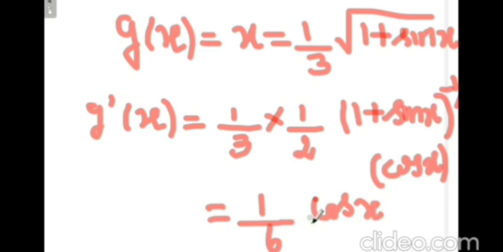Now after evaluating everything, I get 1 by 6 cos x by root of 1 plus sin x, since the value here is (1 plus sin x) to the power minus 1 by 2, so I can write it in the denominator. Now the g'(x) value is 1 by 6 cos x by root of 1 plus sin x. Now let me check whether the convergence test is applicable.